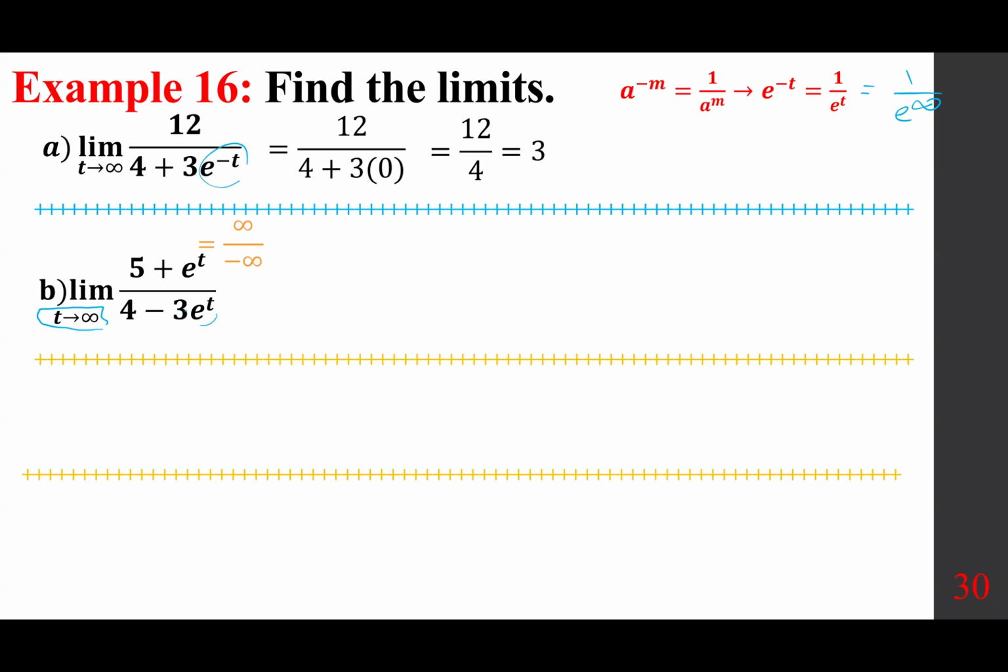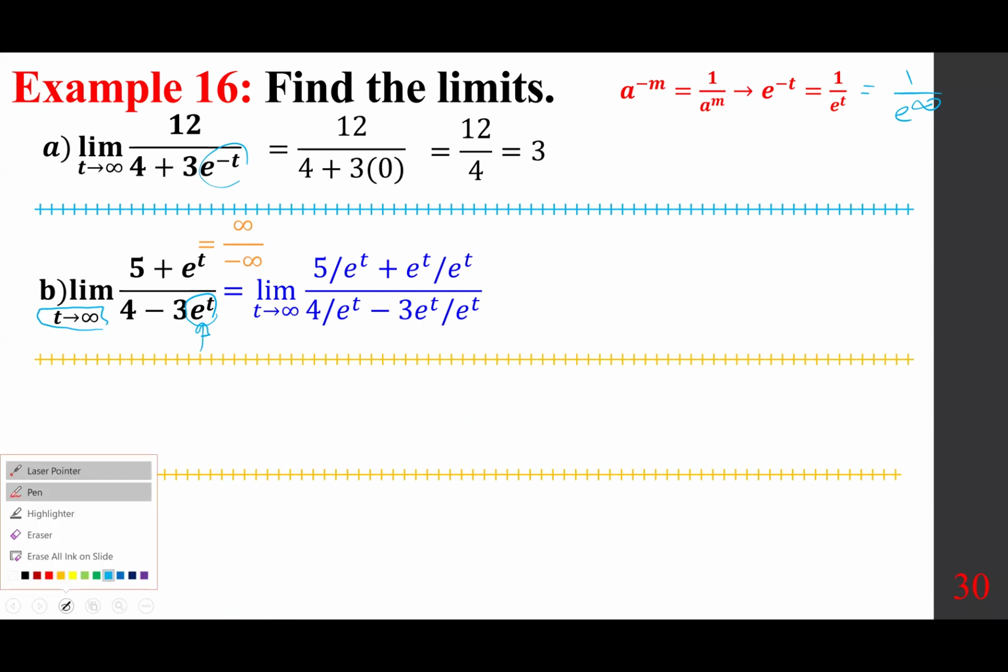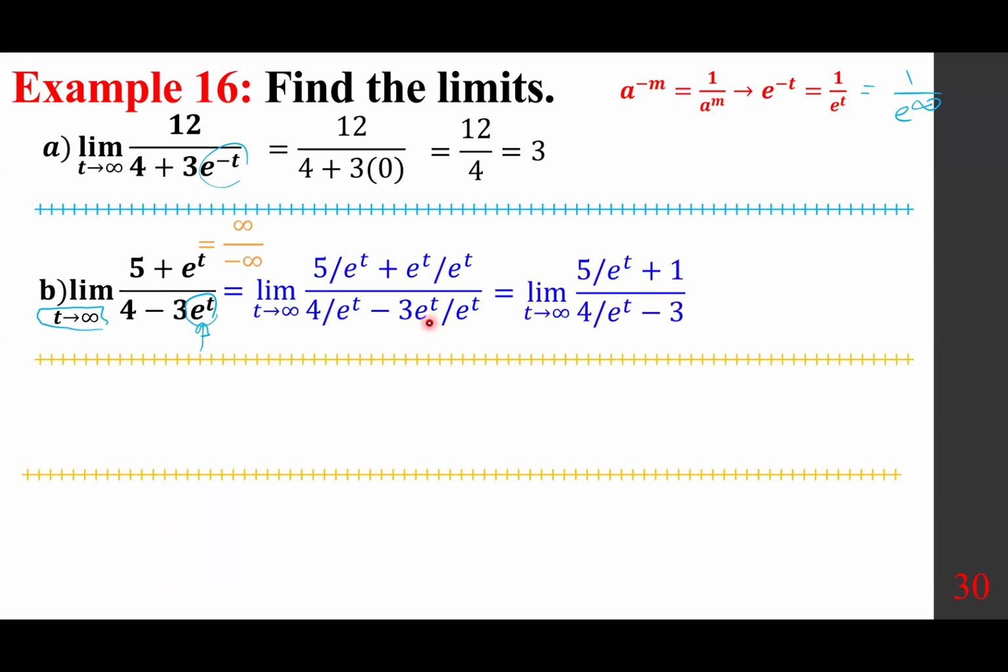Now we divide by highest value. You can't say highest degree because they are transcendental functions. And so you divide by e to the power of t. You divide every piece, algebraic piece, and simplify. This remains, this becomes 1, this becomes -3.